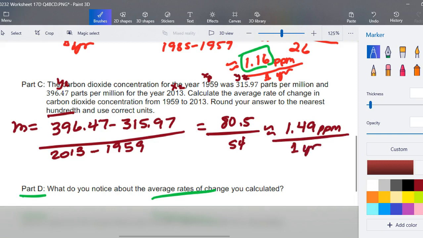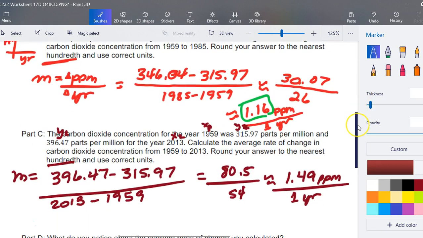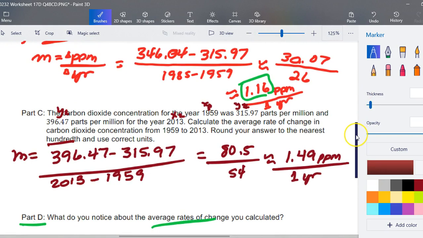So in part D, to answer their question about what do we notice about the average rates of change, we started up here with 0.94, moved up to $1.16, and now we're at 1.49 parts per million per year. So to answer part D, the average rates of change are increasing.